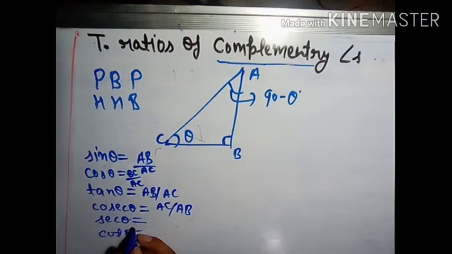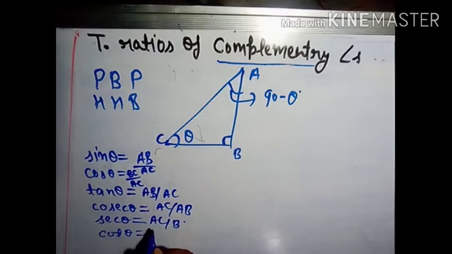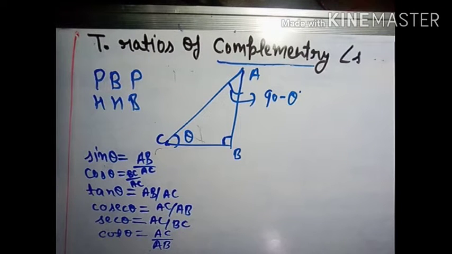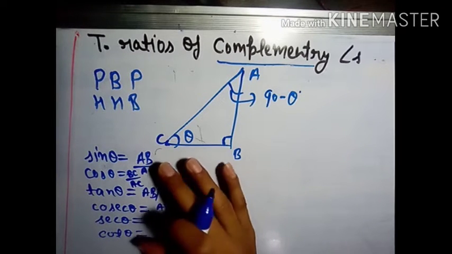For sec theta you can write it as AC by BC. And the last one, cot theta, is the reciprocal of tan theta, so it becomes BC by AB. Now soon you will know why I am doing it like this.